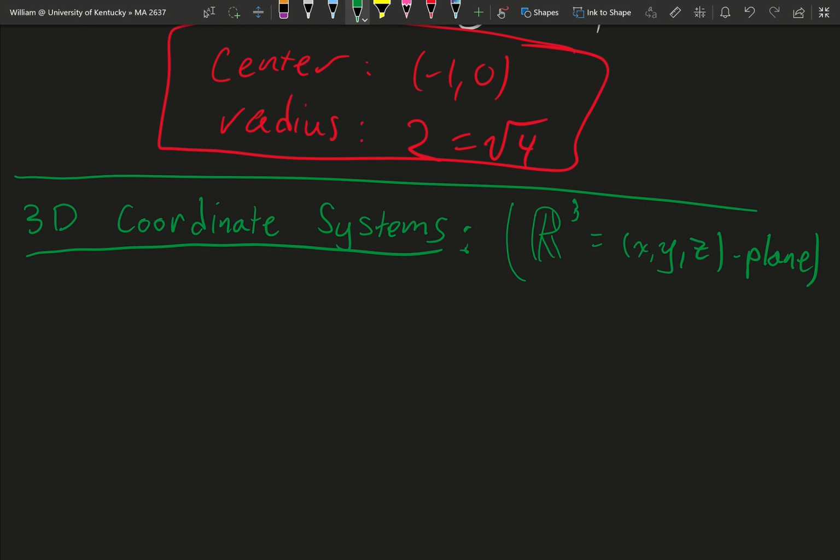We might denote it as R3 to distinguish it. By different coordinate systems, I mean, you may remember polar coordinates, another way of giving coordinates to the plane. We're going to go through a couple of others for three-dimensional space as well.